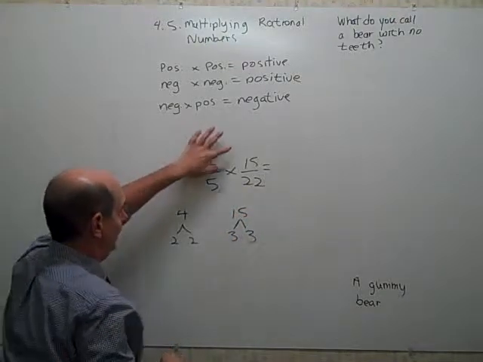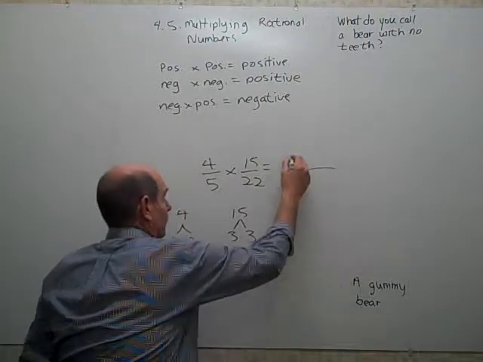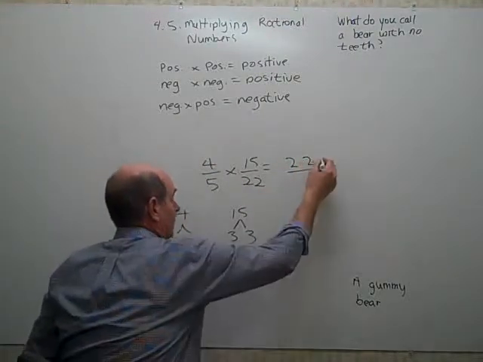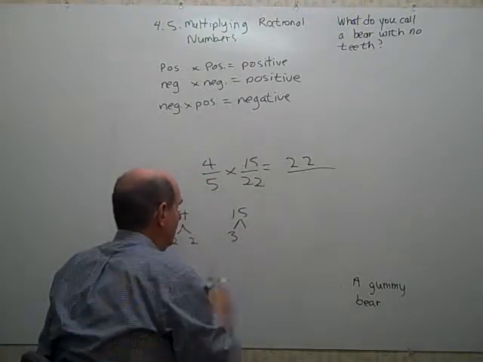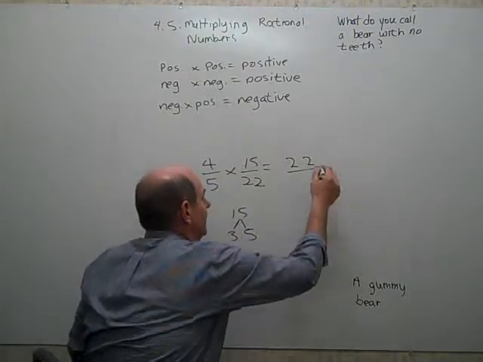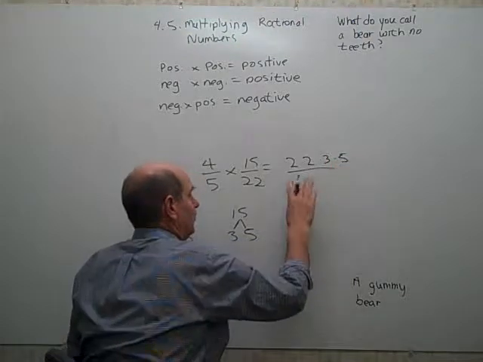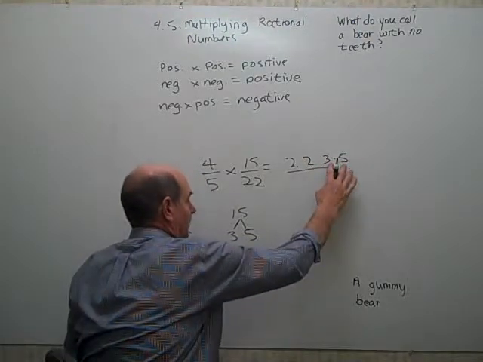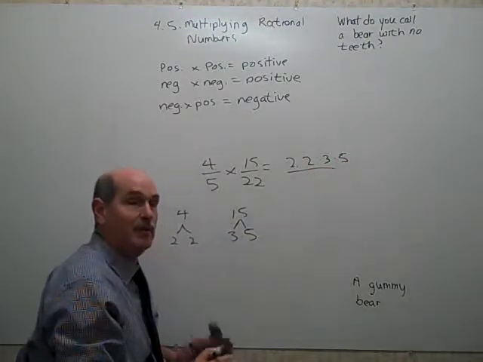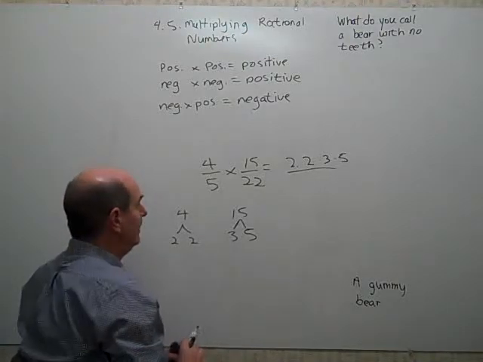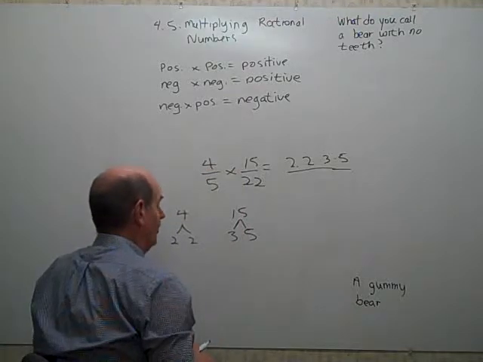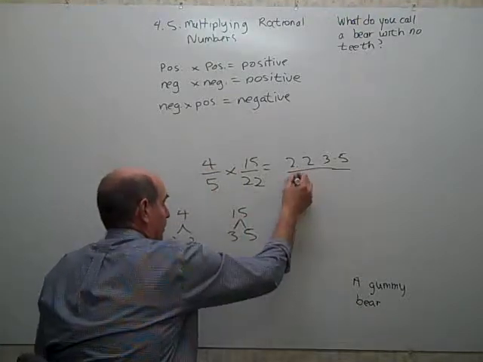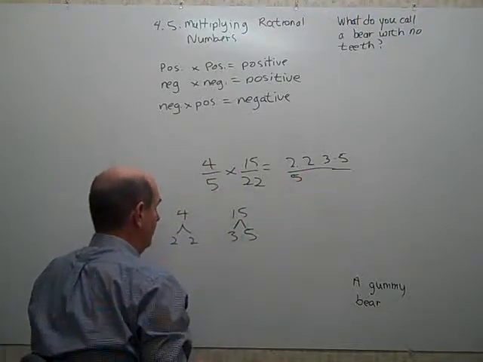So another way to write this numerator is 4 times 15, it's just written in a different way, and it's going to be a very convenient way to get to the idea of how you can cancel before you multiply. 5 is already a prime number, so just leave it as 5.